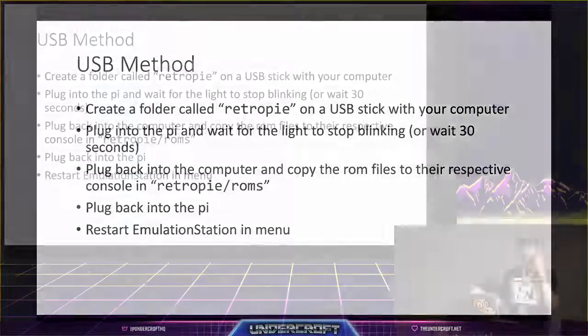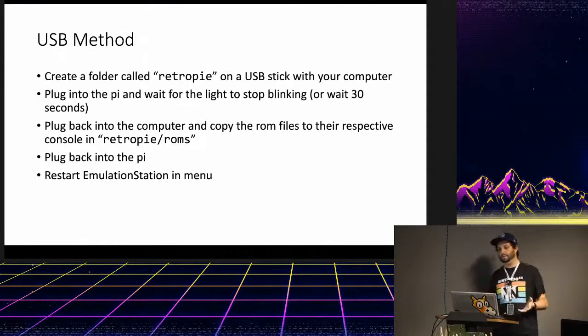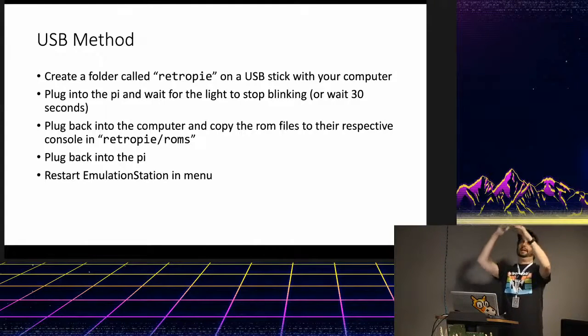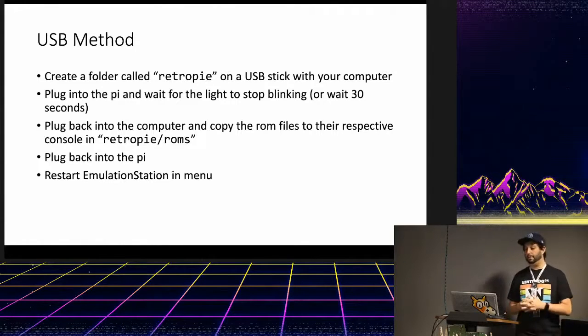After that, you put it back in your computer, and there's going to be magically a ROMs folder. In this ROMs folder is where you place your respective games, and there'll be a series of folders. It'll say PSX, NES, SNES, Game Boy. It'll have them all listed there. That's what the initialization process is. So you just put the ROM files in those respective folders, and that's how it keeps track of organization.